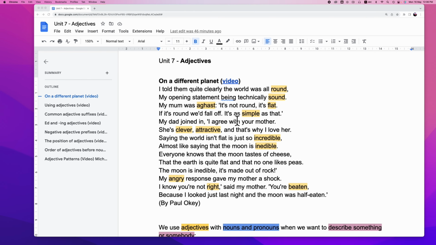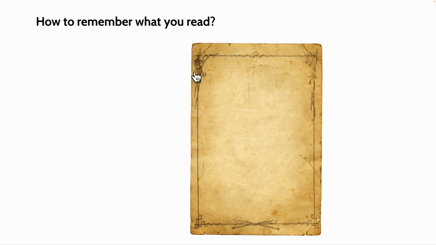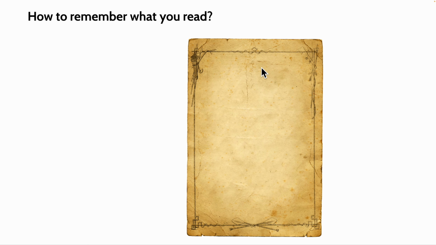And then the other thing is: what is an adjective? Adjective is the color yellow. So in our poem, we have a yellow. A yellow represents adjective. When we see this yellow, we can recall that the topic is about what an adjective is.